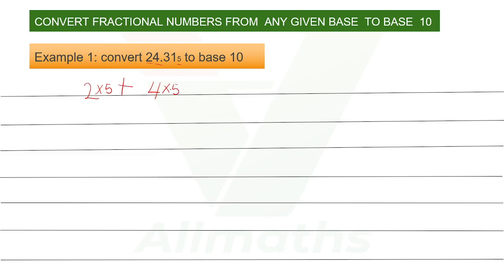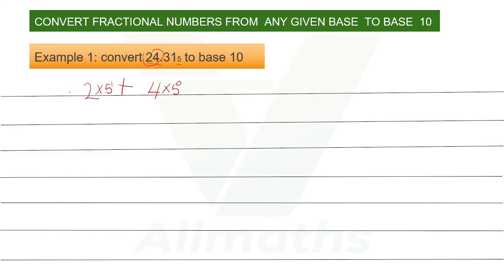Now, not just 5, but 5 raised to the power of the position of that digit. Notice the whole number part is what we are addressing now. We are still coming to the decimal part. For the position, you start from the right and move towards the left, starting with 0. So the position of 4 here gives 5 raised to the power of 0, then 5 raised to the power of 1.